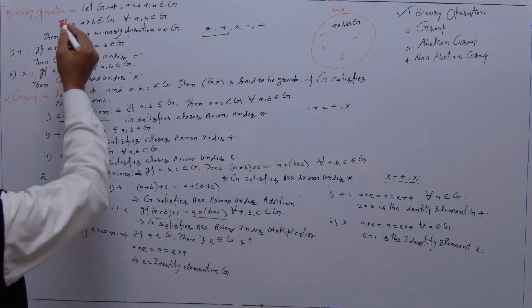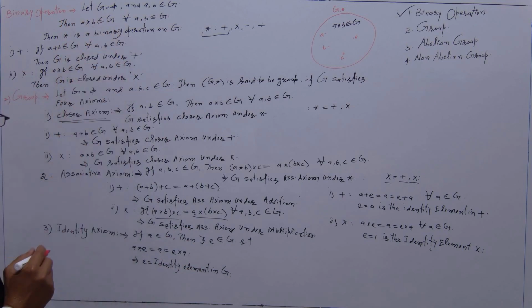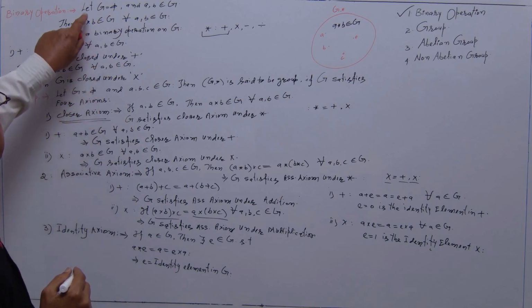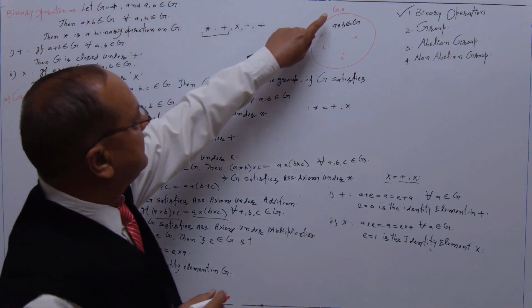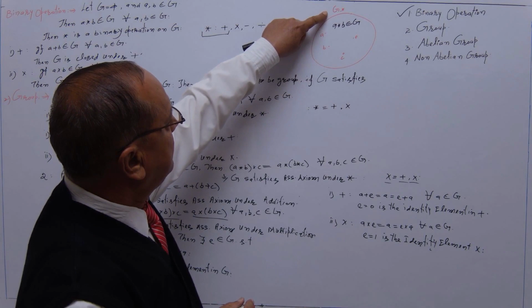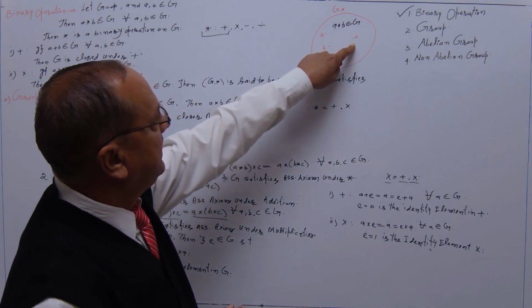in binary operation means हमारे पास नॉन एम्प्टी सेट G है और A B C E इसके एलिमेंट्स हैं.